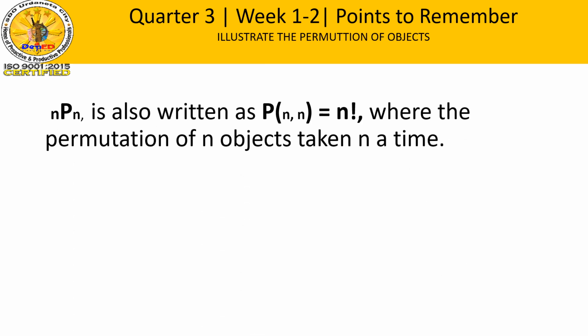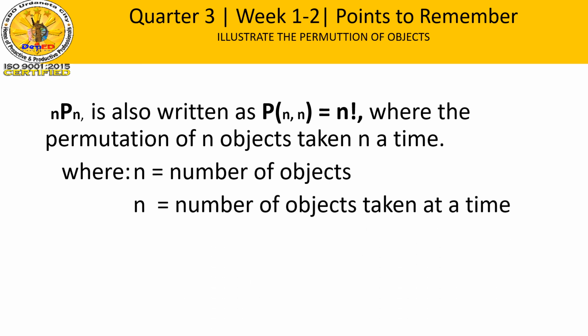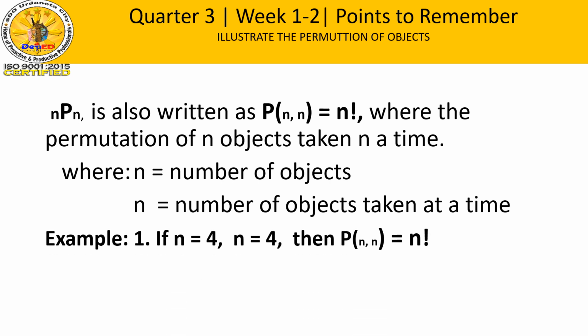It can be written also as nPr. Then it can be written also as the permutation of n taken n at a time is equal to n factorial, where n is equal to the number of objects and n is equal to the number of objects taken at a time.